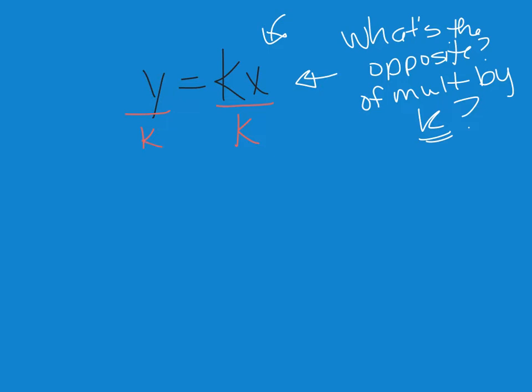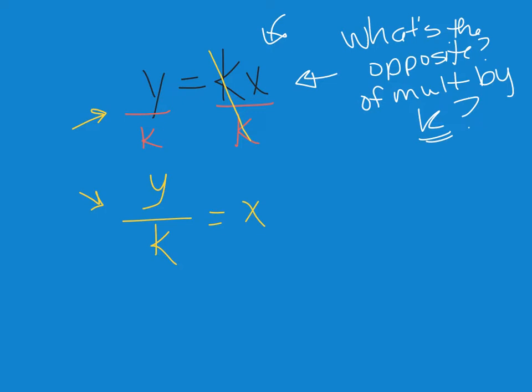So if I've got two of the same, usually we're looking at numbers like 2 divided by 2, or 2 over 2, which would be equal to 1. But it's the same thing when we've got two variables. They cancel each other out. So we're left with y divided by k equals x. Again, these mean the same thing.